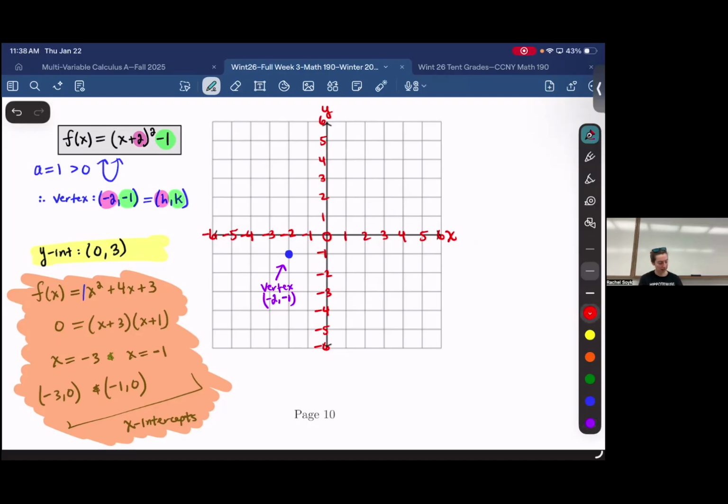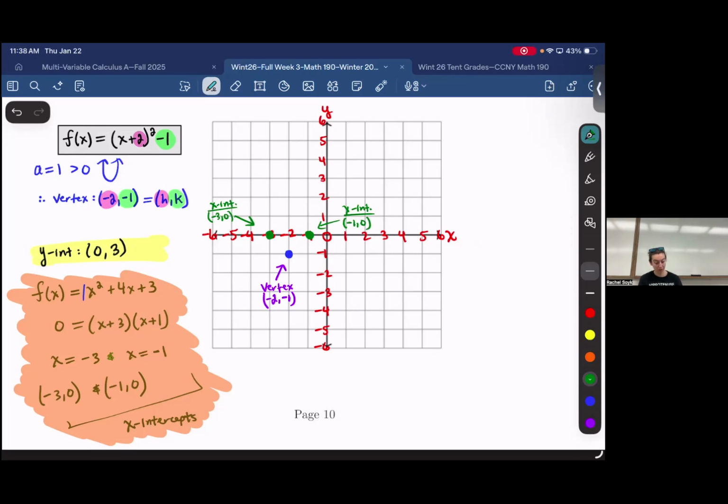Now let's put in our x-intercepts. We have -3, 0, and we have -1, 0. Label these two. -3 comma 0. -1 comma 0.